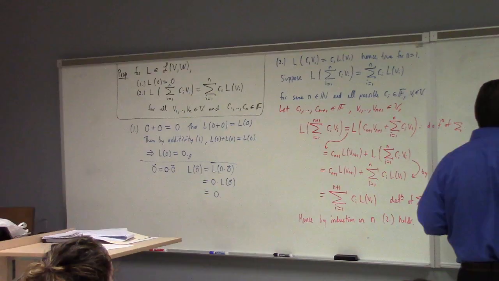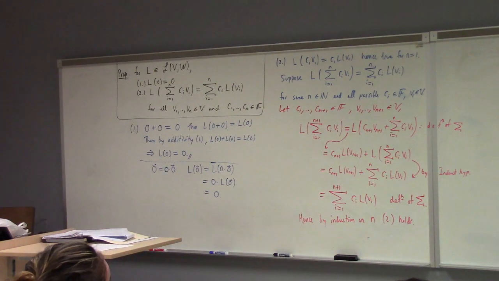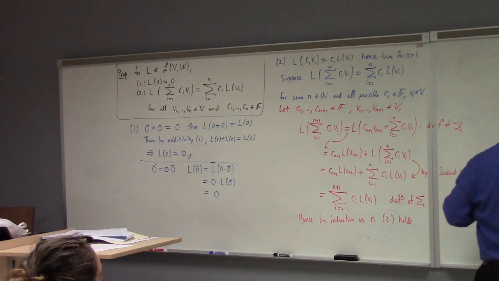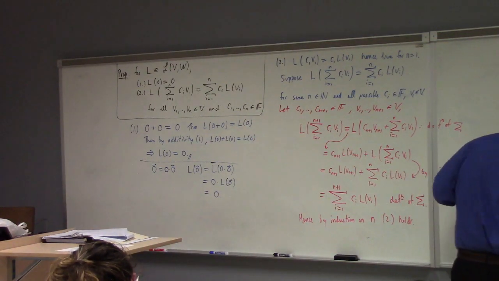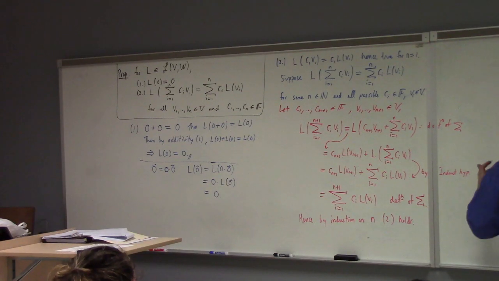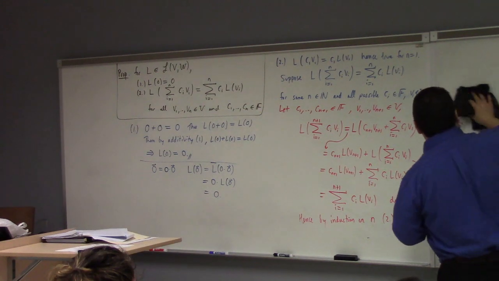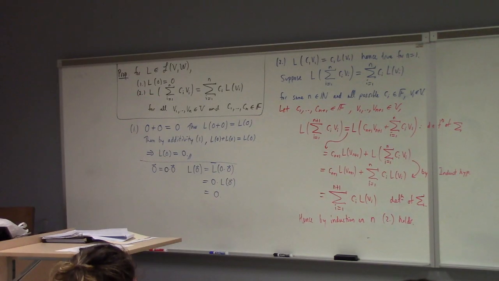A linear map takes a linear combination of vectors to the same linear combination of the images of said vectors. See, the image of V1 is L of V1. The image of V2 is L of V2, and so forth. So what that says is that the image of a linear combination of vectors is the linear combination of the images of those vectors.